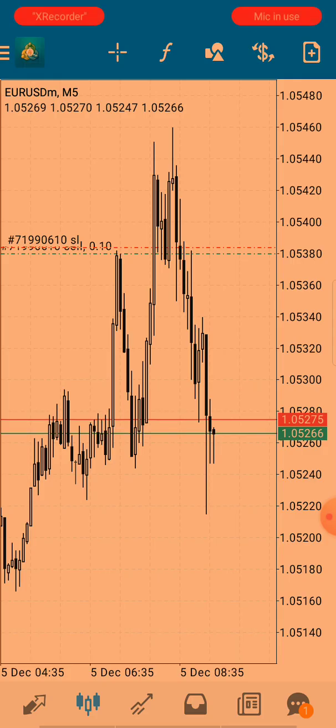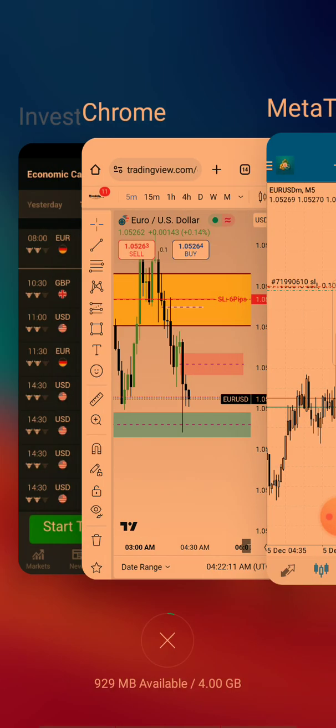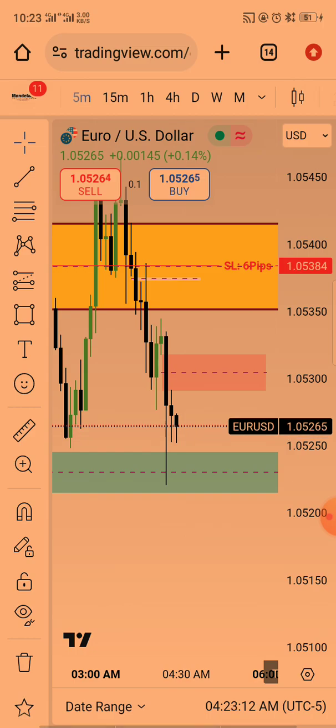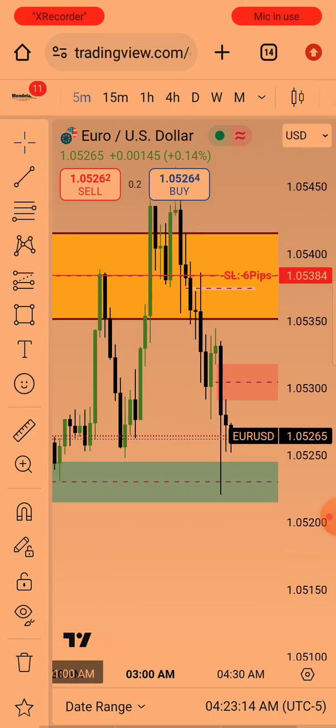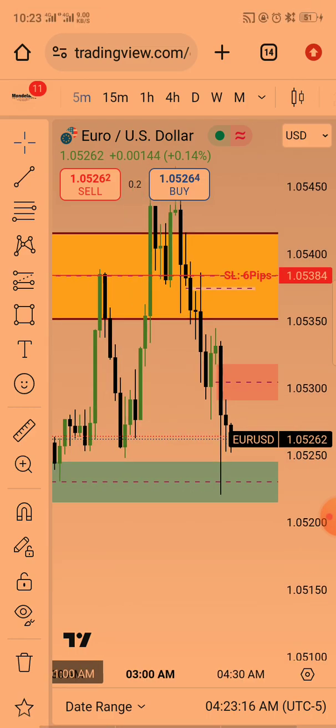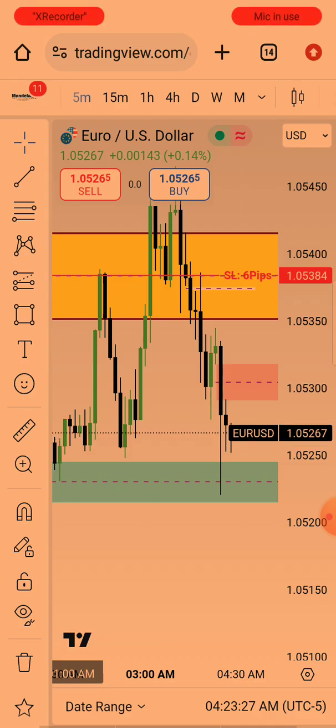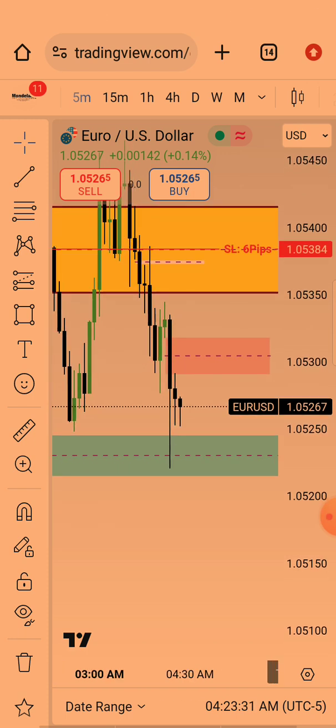So let's go back to TradingView where I manage a trade. I see the chart clearly here. I hope you're following.